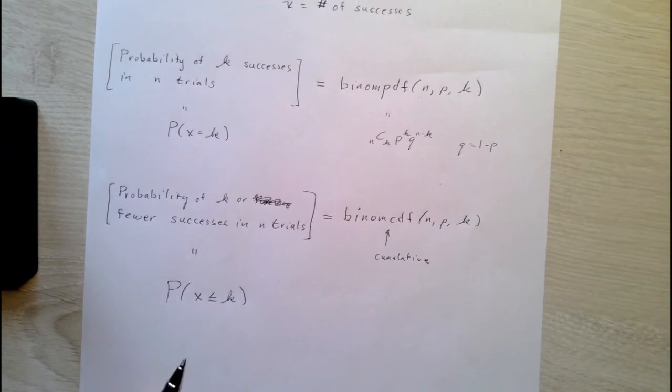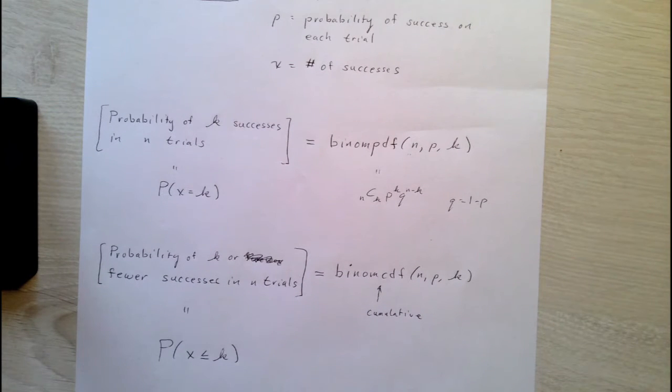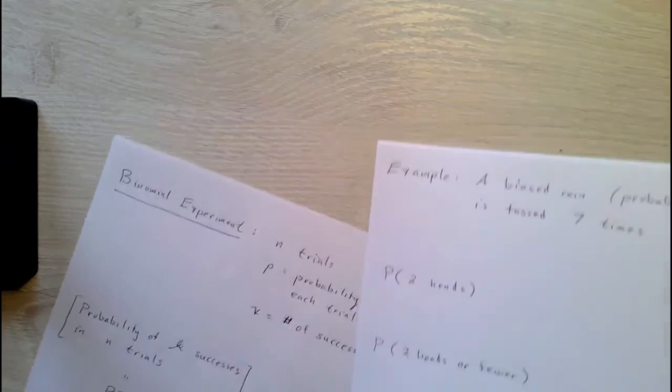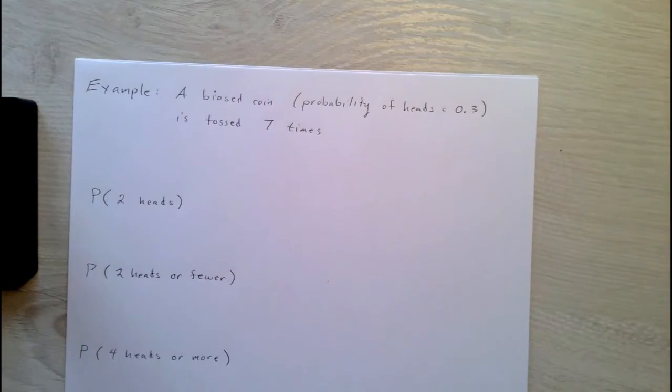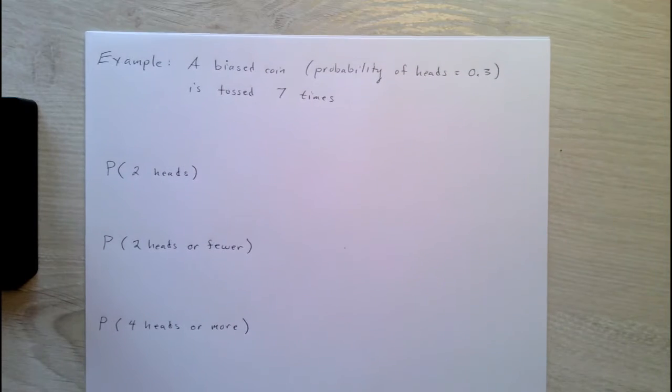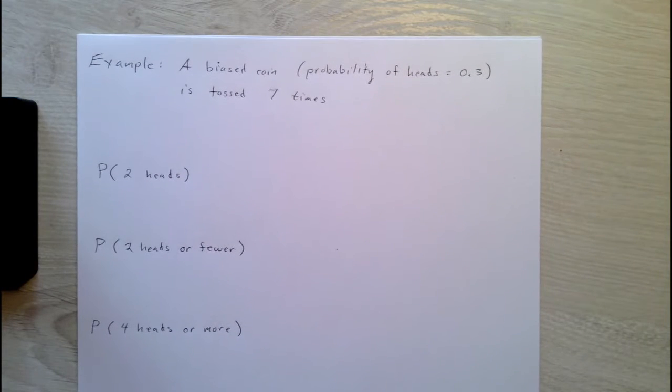Okay, so let me give you an example of how you would do this. Here we are tossing a biased coin in which the probability of heads is 0.3, or 30%, and we're tossing it 7 times.